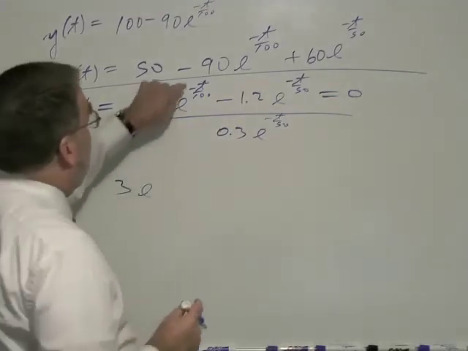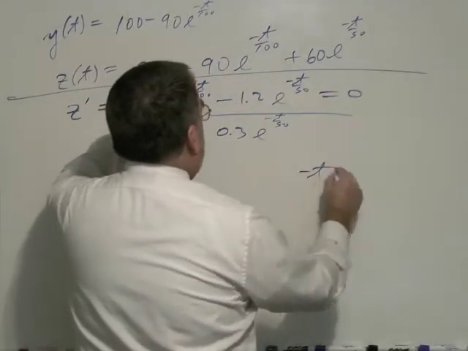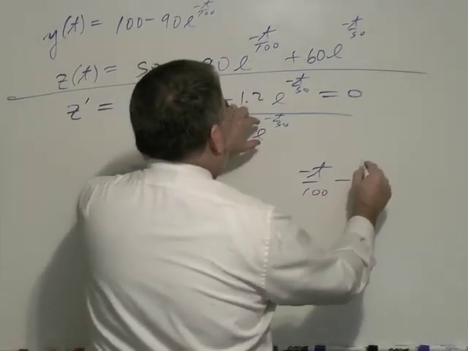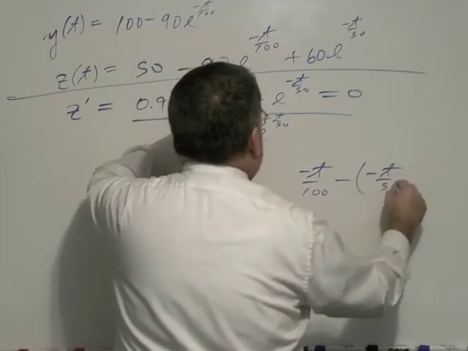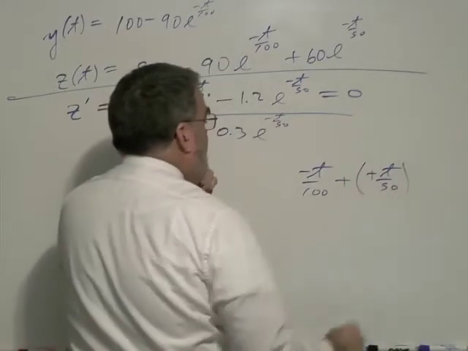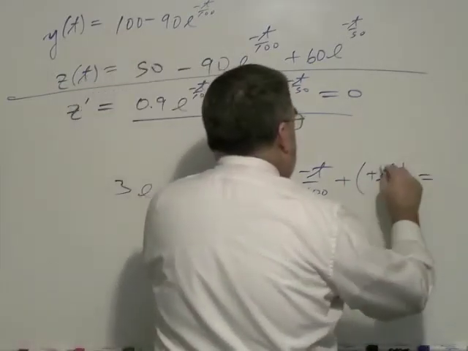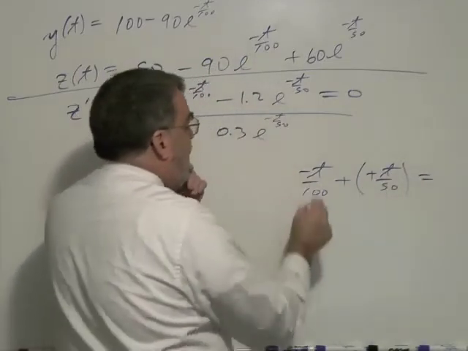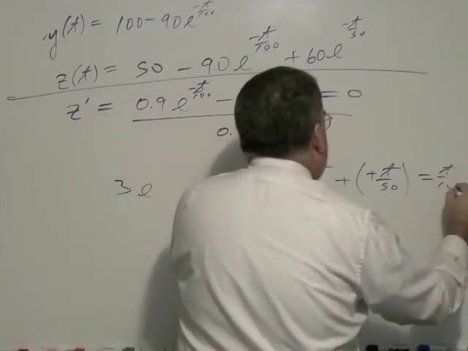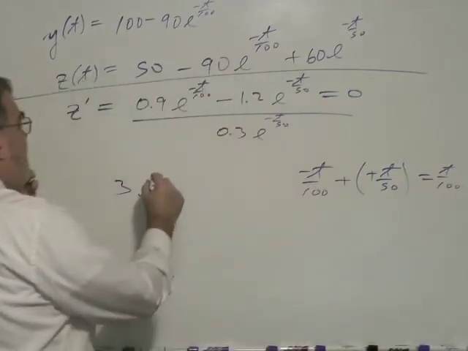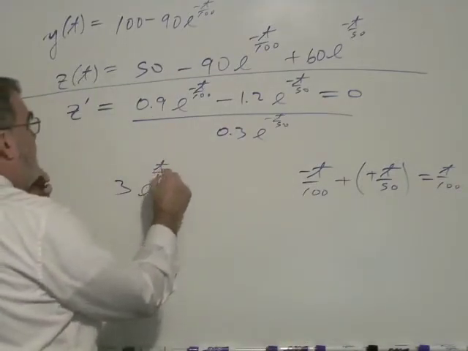Well, if I take this exponent and subtract this exponent, then I end up with 2t over 100 minus t over 100, which is t over 100. So this is e to the t over 100.